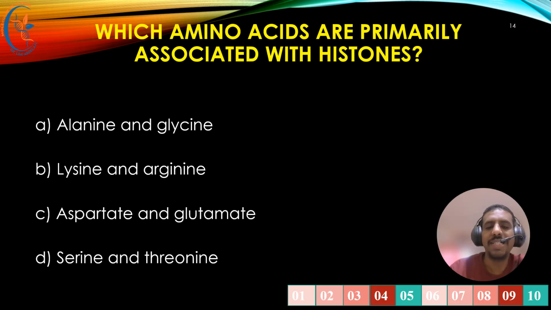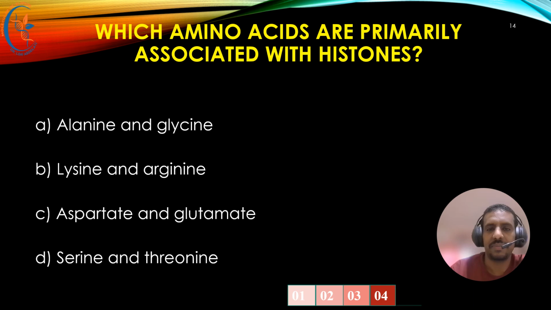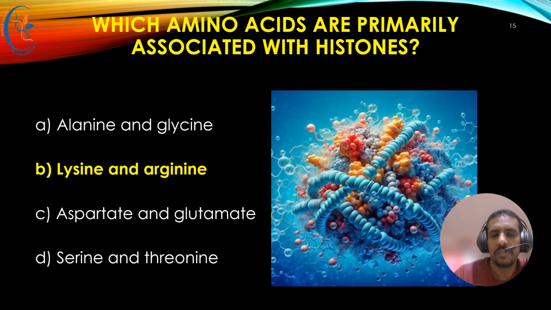Okay, which amino acids are primarily associated with histones? 10 seconds. All right, now let's go ahead and see the answer. All right, the correct answer is B, lysine and arginine.